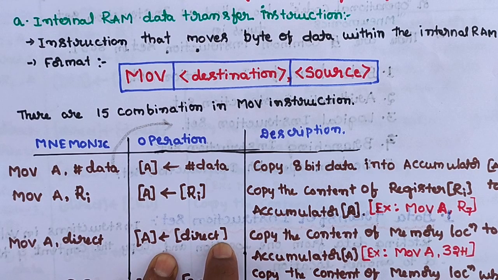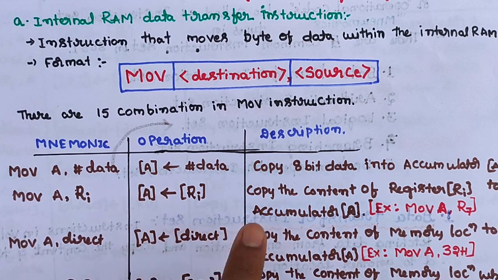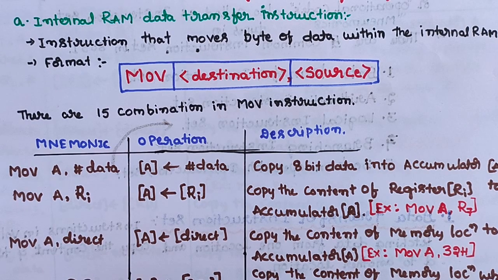Similarly, MOV A, @R0 is indirect register addressing mode. Here the data exists in a particular memory location and that address is stored in a register as a pointer register. Therefore the memory location content is transferred to the accumulator.